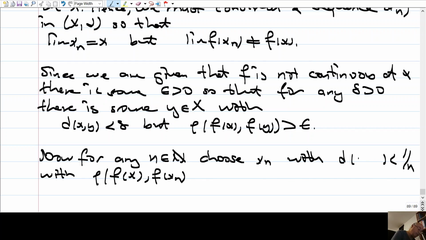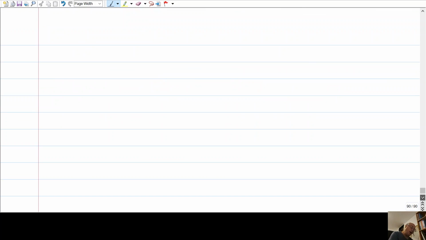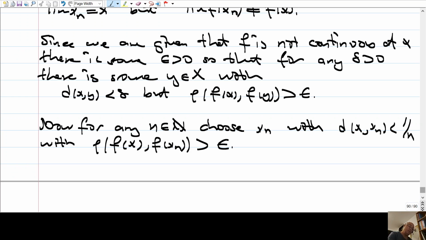I must be careful: my xn plays the role of y, right? So I have a sequence of elements xn in X so that this distance is less than 1 over n for all n, and this distance is greater than epsilon.